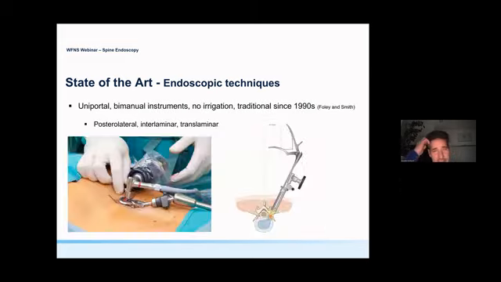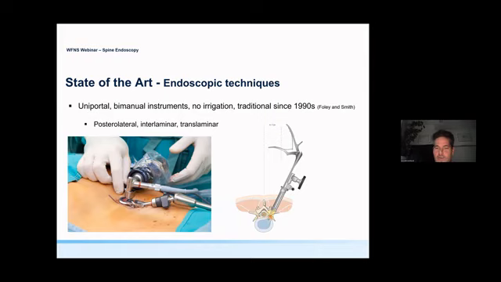This is an image of the uniportal bimanual technique with no continuous irrigation. The irrigation can be performed by an assistant. This is the Storz system. Easy Go, but there are other systems on the market, or were on the market, from Medtronic, the METRx system first, that allowed to perform a wide variety of surgeries for different pathologies.